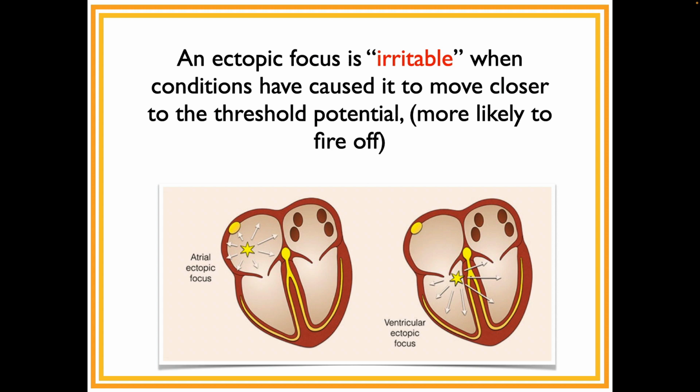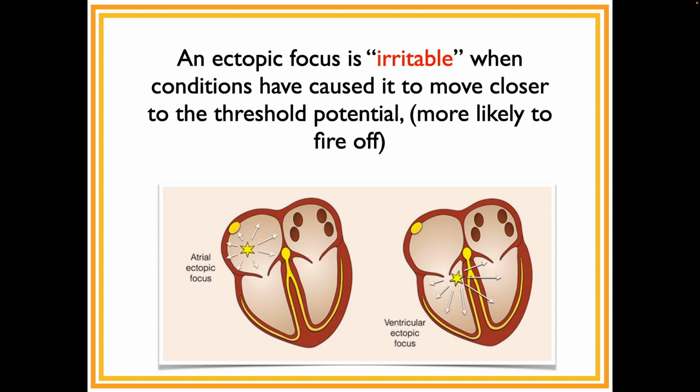This little real estate of the heart is considered irritable if, for some reason, conditions push this little place on the heart closer to threshold potential, closer to automaticity, to firing off its own pacemaker. So this would be irritable if it's more likely to fire off.